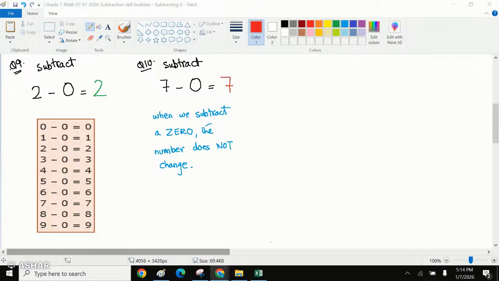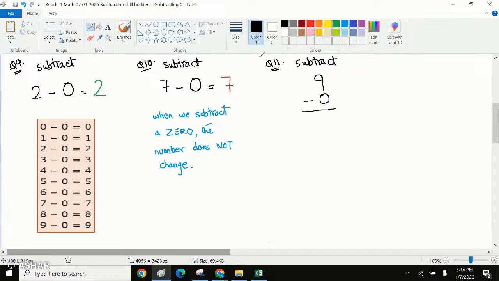Moving on ahead, the next question we have, question number 11, says subtract 9 minus a 0.